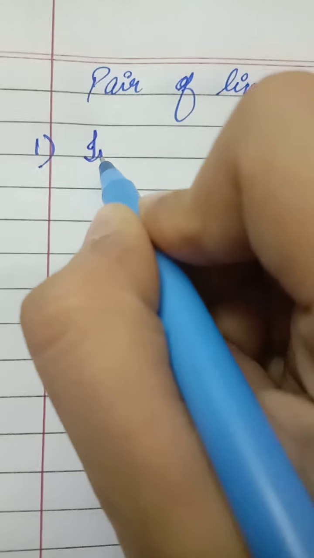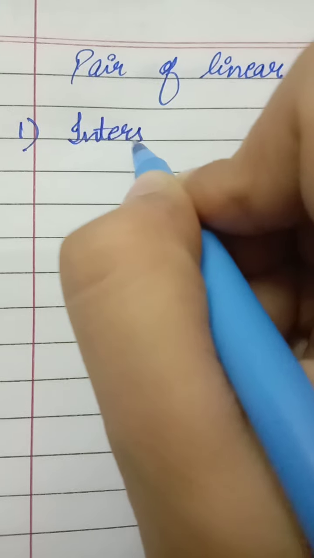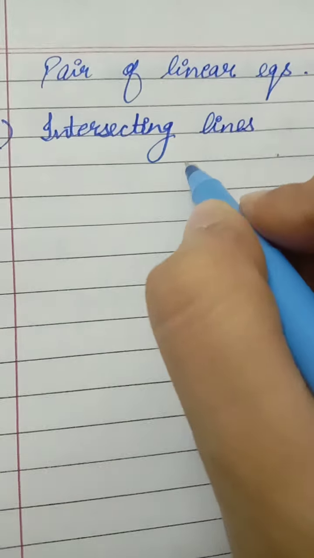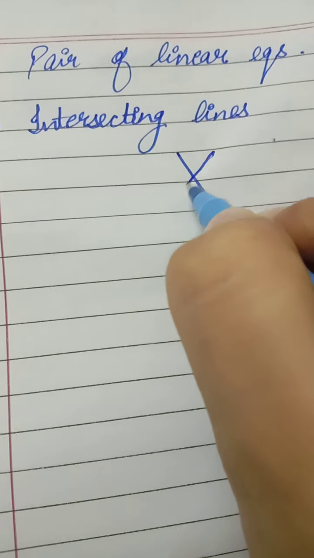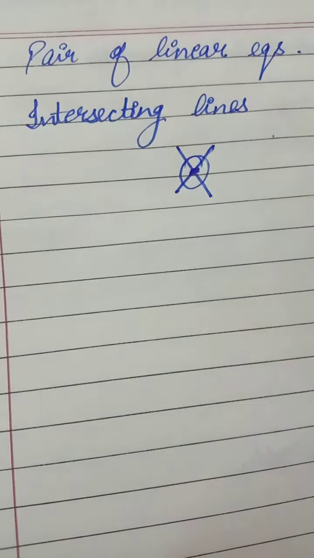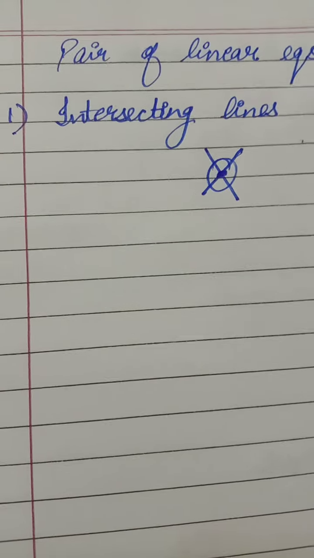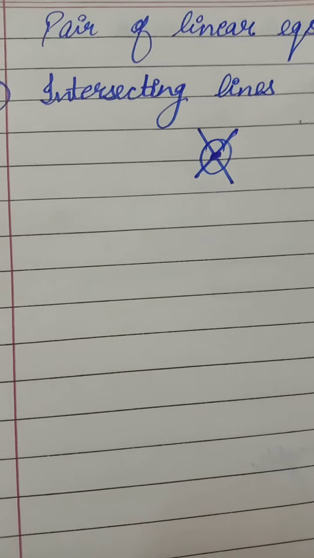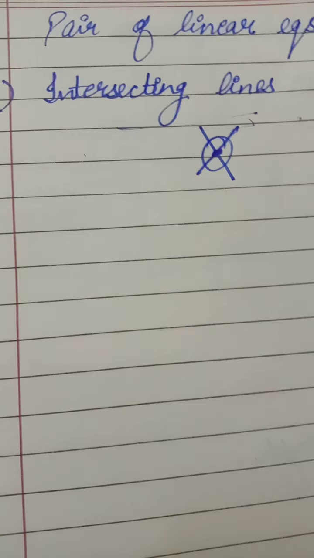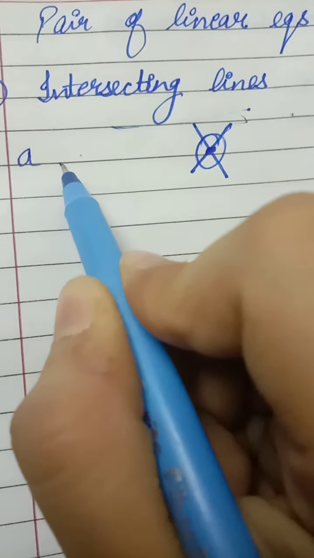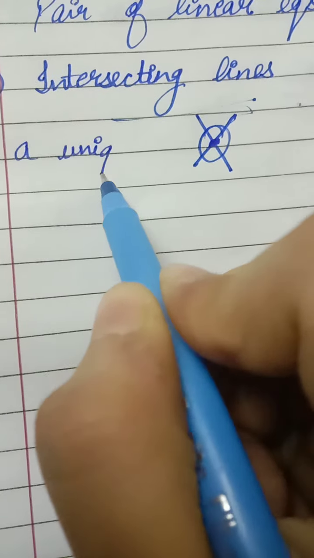First we have intersecting lines. We all know that intersecting lines will intersect at a single point. So it implies that the two equations having intersecting lines will have a unique solution.